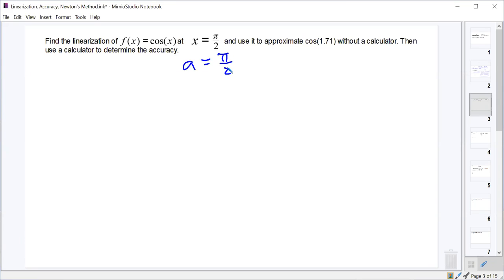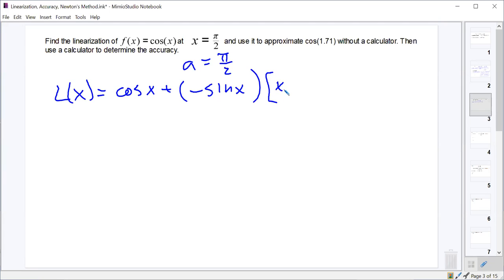And so our linearization function should be L of x is the cosine of a plus what's the derivative of cosine of x? That should be negative sine of a, and then times our x value minus pi over 2. Everybody good with that?